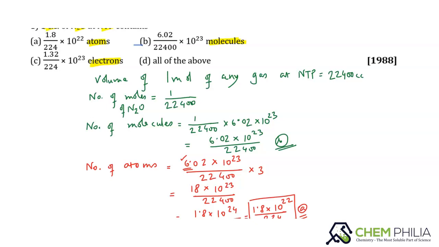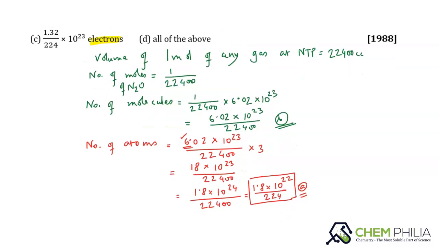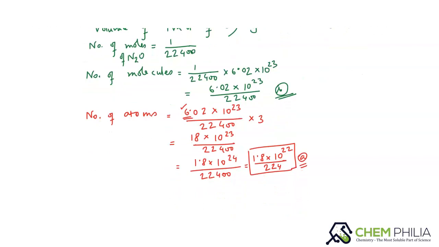Option C is regarding the number of electrons. Now let us look at the molecule of N2O. In N2O, the number of electrons in each molecule is equal to what?